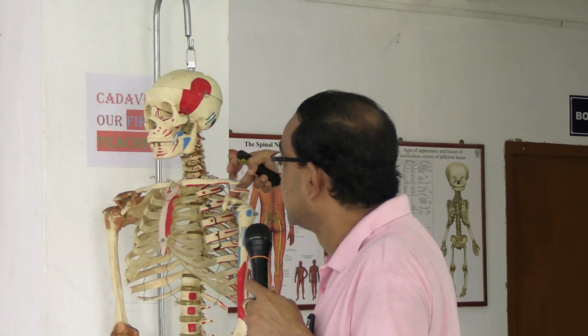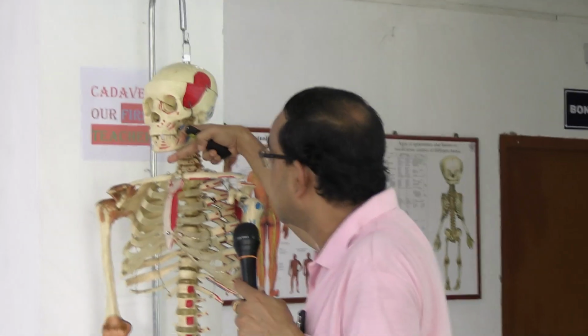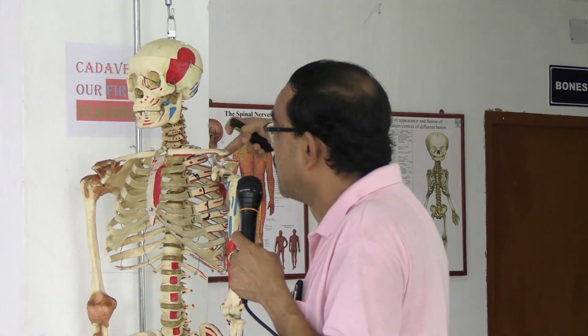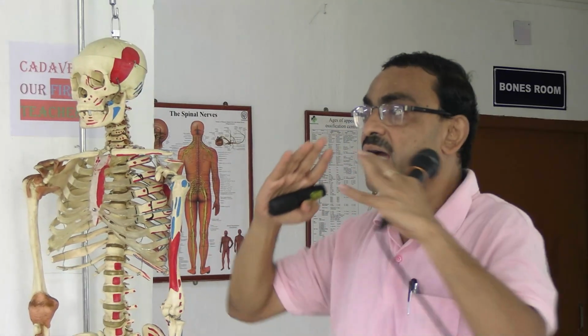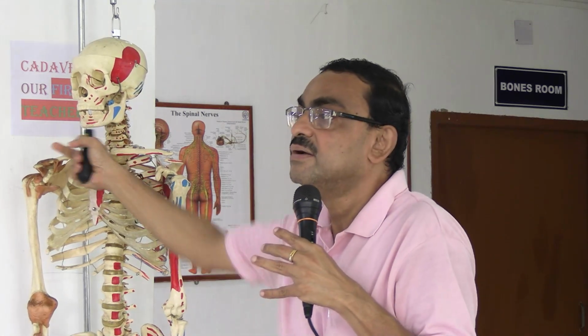From here it is going medially up to the hyoid bone. So this is the omohyoid muscle, two muscles on either side, continued up to the hyoid bone.